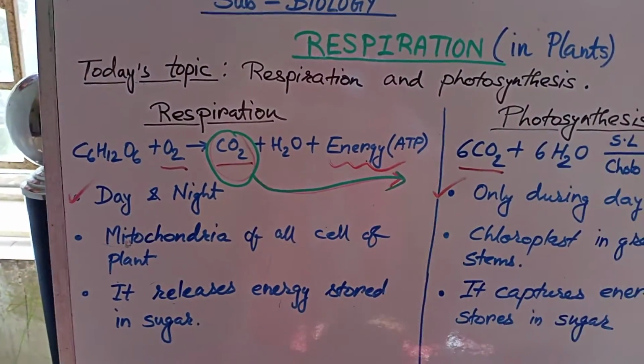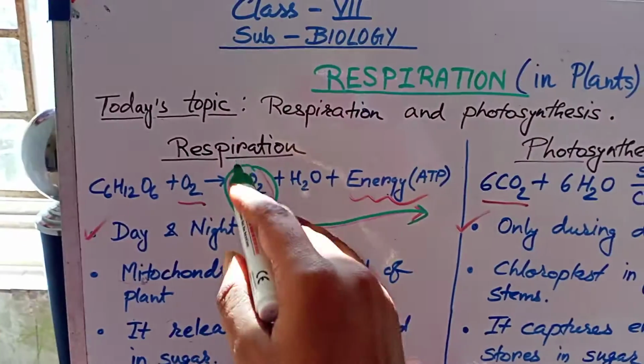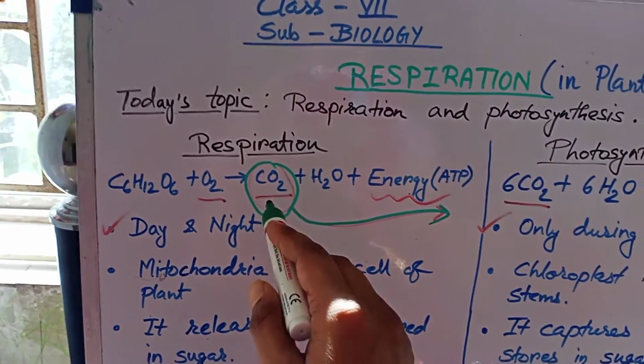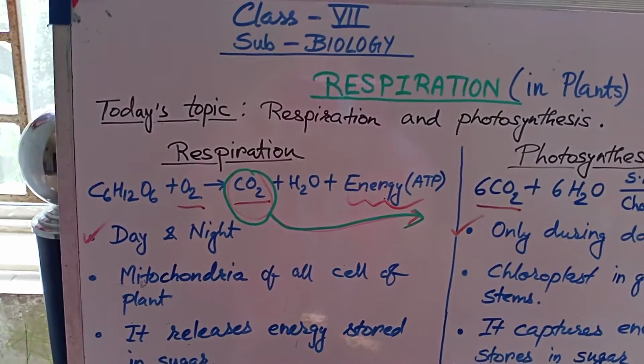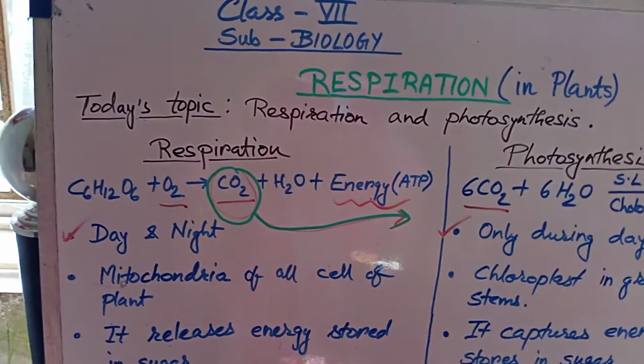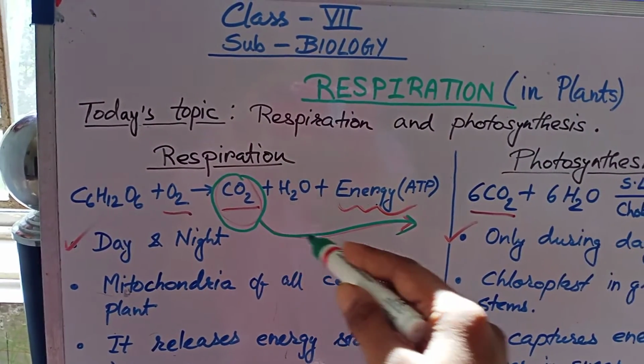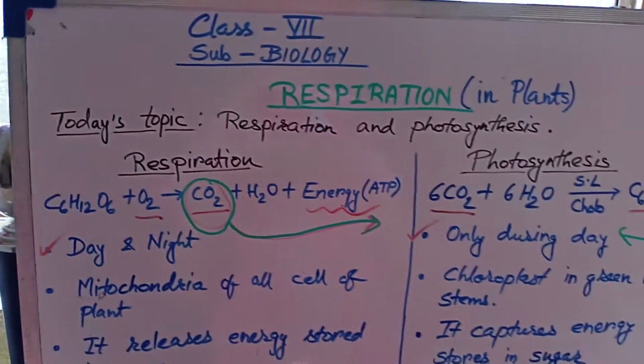But at night, when photosynthesis has stopped but respiration is going on, the carbon dioxide that is produced becomes surplus. It is not used up by the plant at that time, so that carbon dioxide is released into the atmosphere.